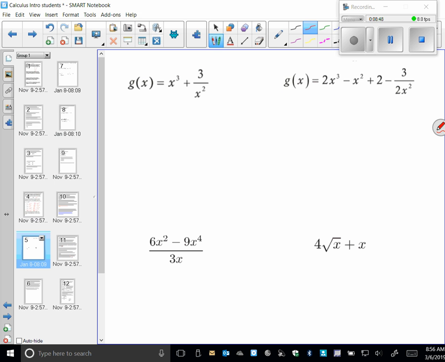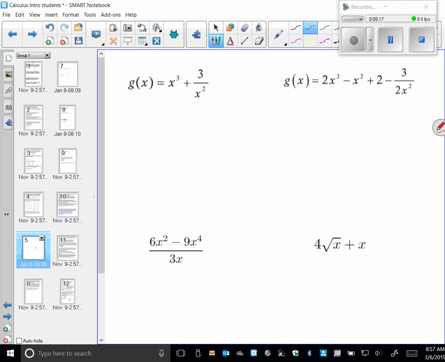G to the -1? That's the inverse function. It's not -1, it's an apostrophe. So when we're differentiating it, we would show we're differentiating by writing g dash x.